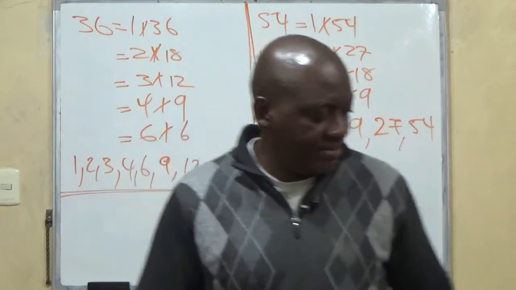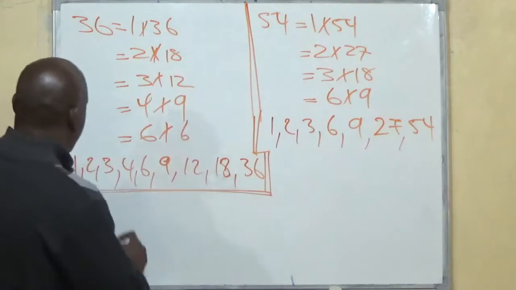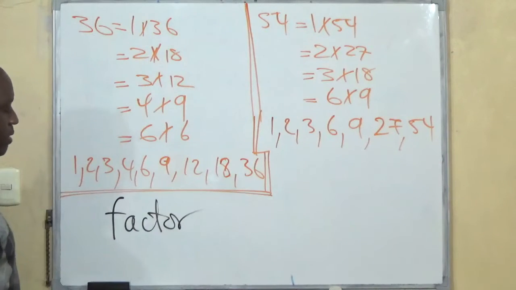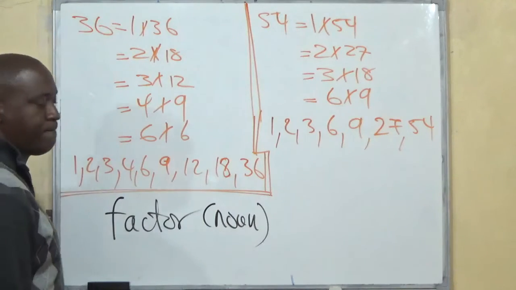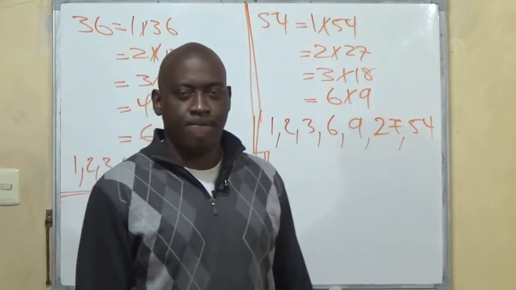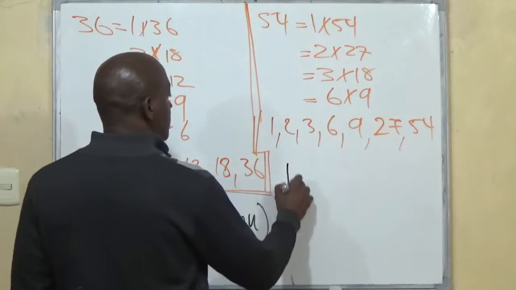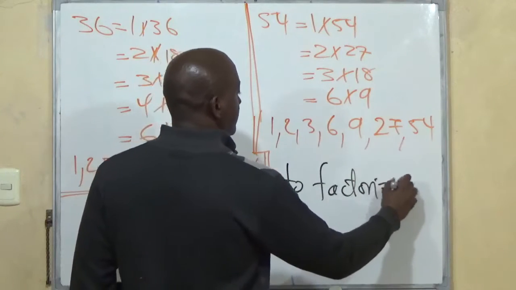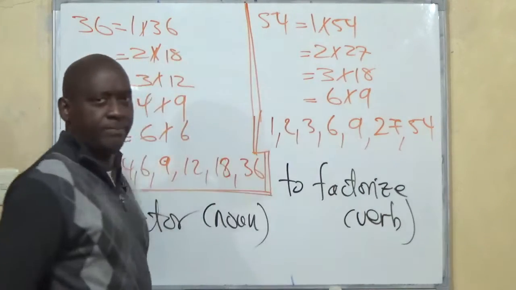Let me get back into English mode now. Factor is the noun. There's a verb that goes with that too. The verb is to factorize.